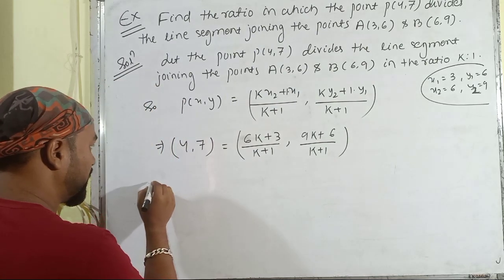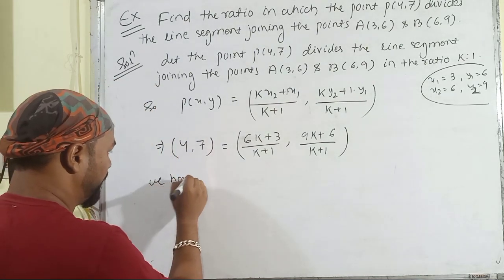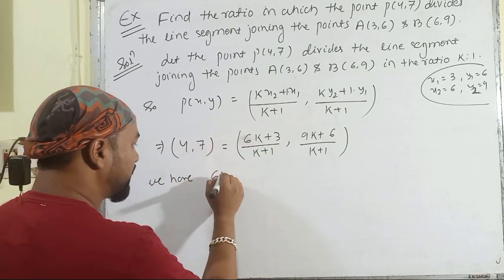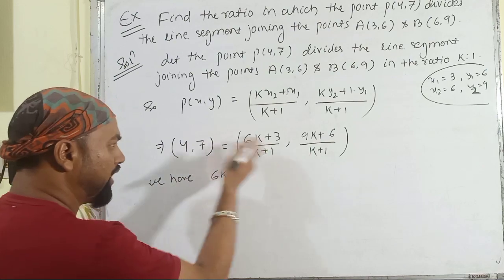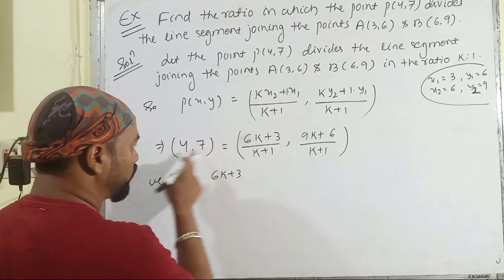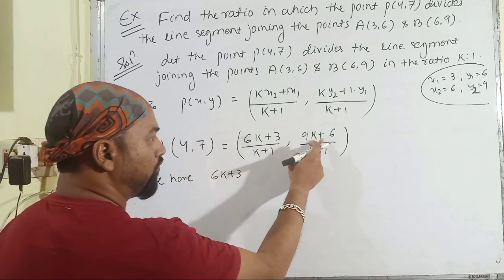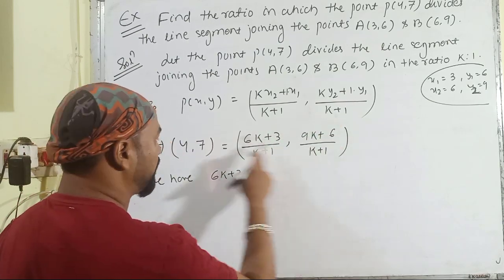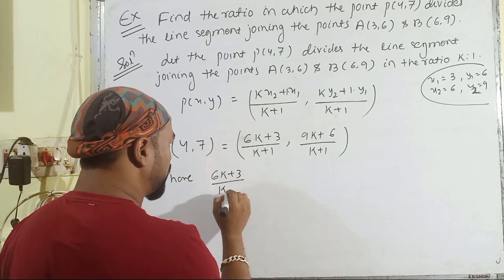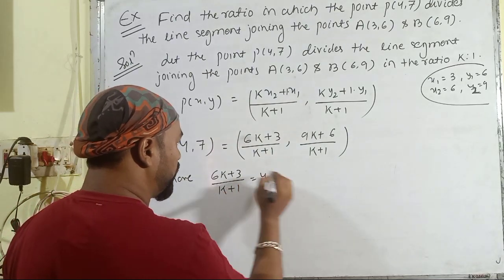By equating both of the ordered pairs, you can compare either of the two values, either 6k plus 3 divided by k plus 1 with 4, or 9k plus 6 divided by k plus 1 with 7. So 6k plus 3 divided by k plus 1 is equal to 4.